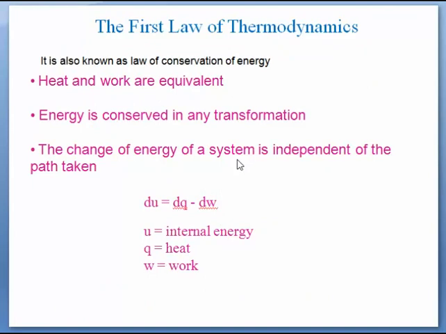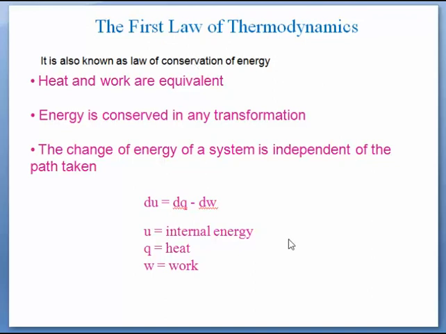The first law of thermodynamics, which is also known as the law of conservation of energy, tells that heat and work are mutually convertible and they are equivalent. Energy is conserved, it only changes its form, and the change of energy of a system is independent of the path taken.